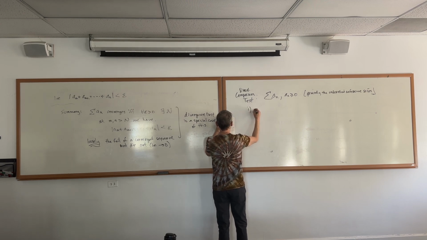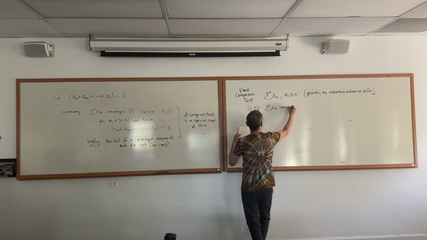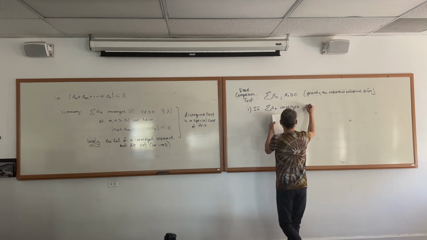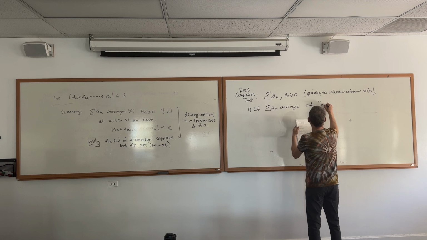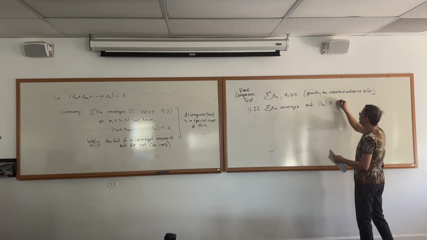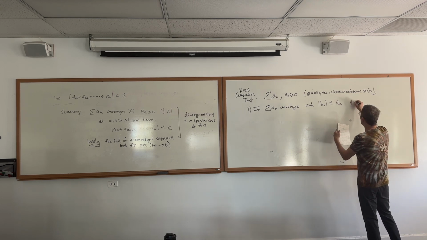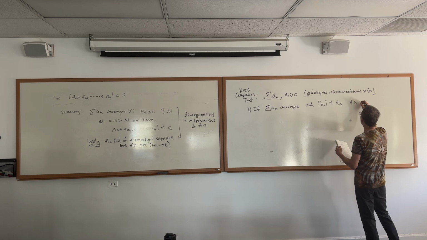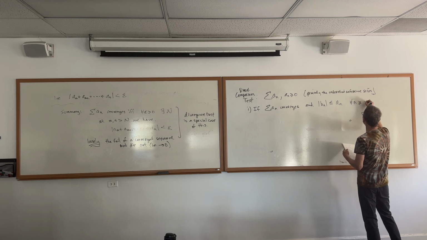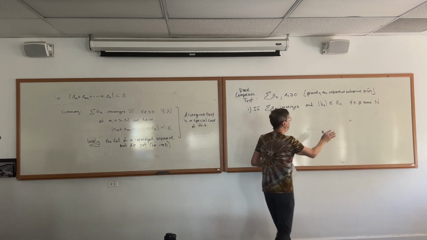So this first result is if this series converges and I've got these other terms, b sub n, and their magnitude is bounded by the terms of that series for all n bigger than or equal to some capital N, because it really just has to happen at some point.